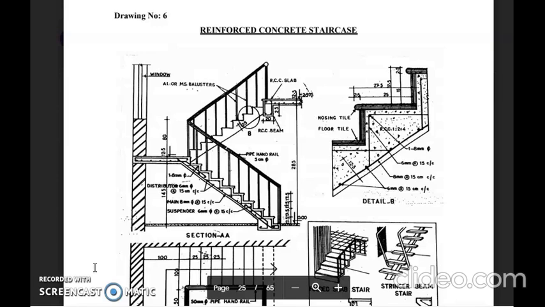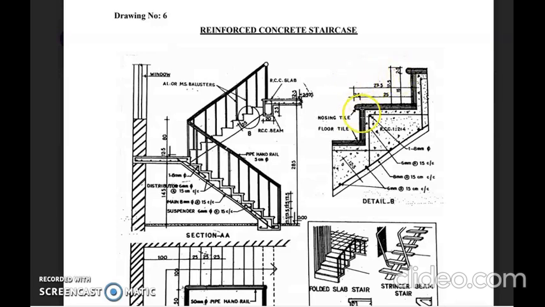Rise means it is a vertical distance between two consecutive steps. We take two steps and the vertical distance from the top of one step to the other step is called a rise. And tread is the horizontal distance between two consecutive steps. We take a distance from this point to the same point of the next step.